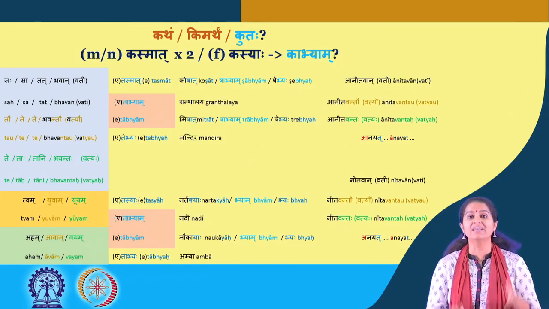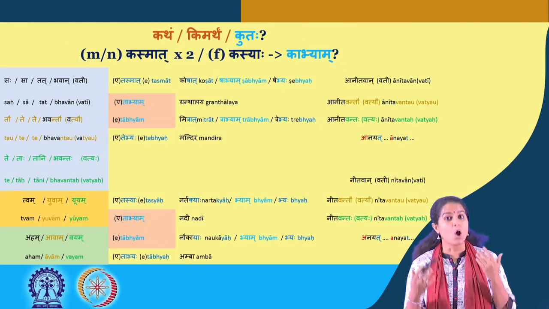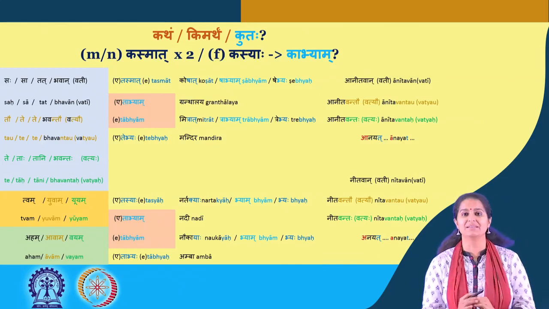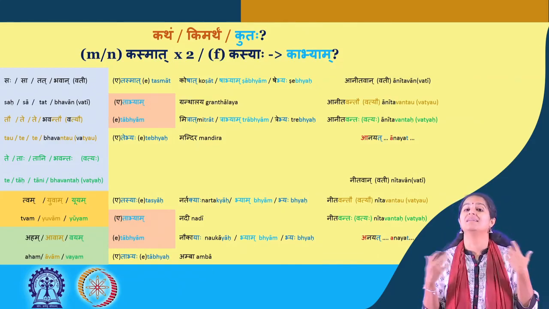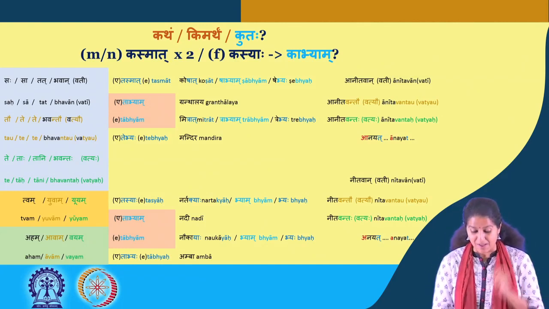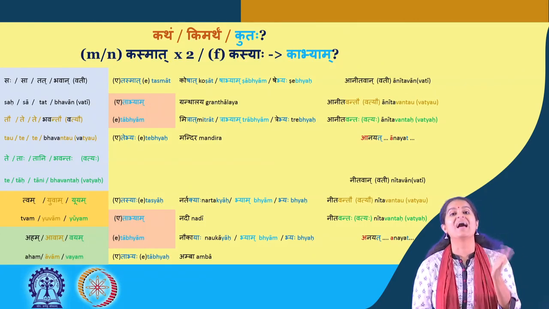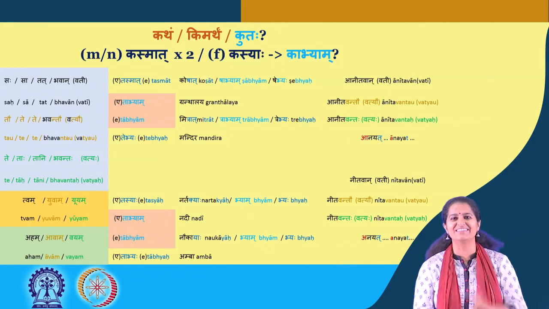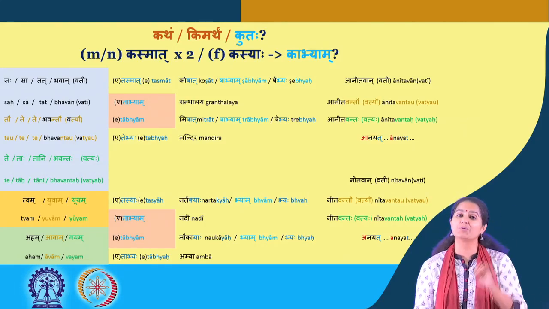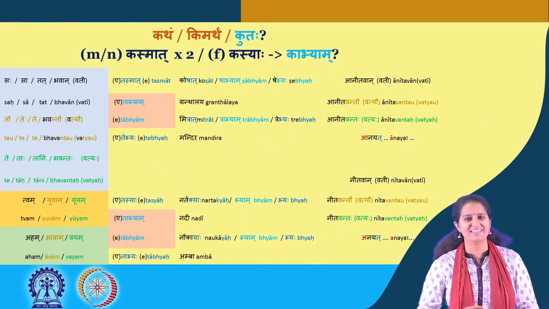Nauka, so a ending becomes nauka, naukayaha nitavati, from two boats, naukabhyam nitavati, from many of them, naukabhyah nitavati. Uttamam. And the last one, amba, ambayaha nitavati, two of them, ambabhyam nitavati and plural ambabhyah nitavati.